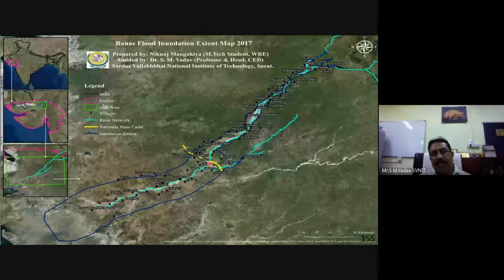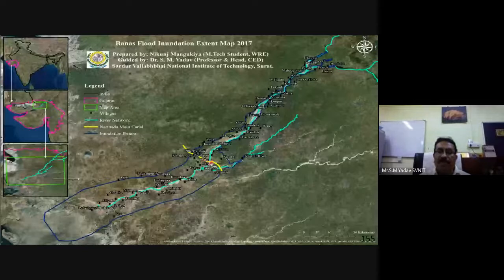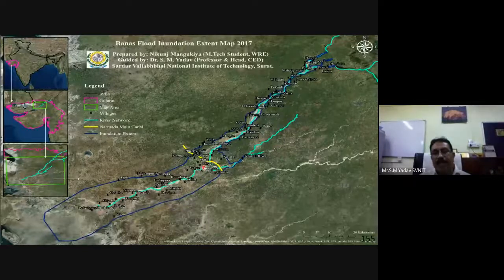It is said that when the Narmada Main Canal was constructed, the canal siphon was made 750 meters wide. The villagers of this region pointed out to the engineers that this width of canal siphon may not be sufficient for the flood to pass. You please keep it at least 1 to 2 kilometers.